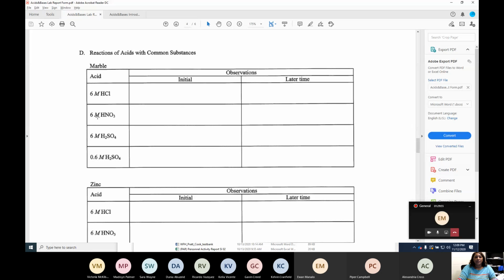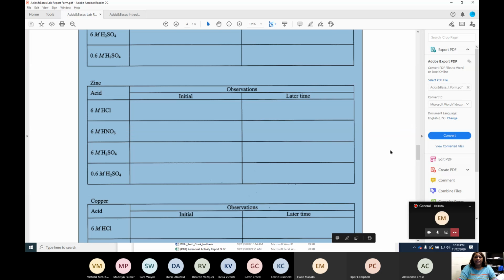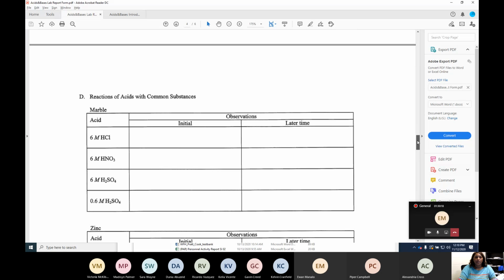So for each table where the 6 molar HNO3 is, you can just put a line through that. You're not going to fill out any information on any of these tables for 6 molar nitric acid. So you can just strike a line through 6 molar nitric acid on each of these tables.